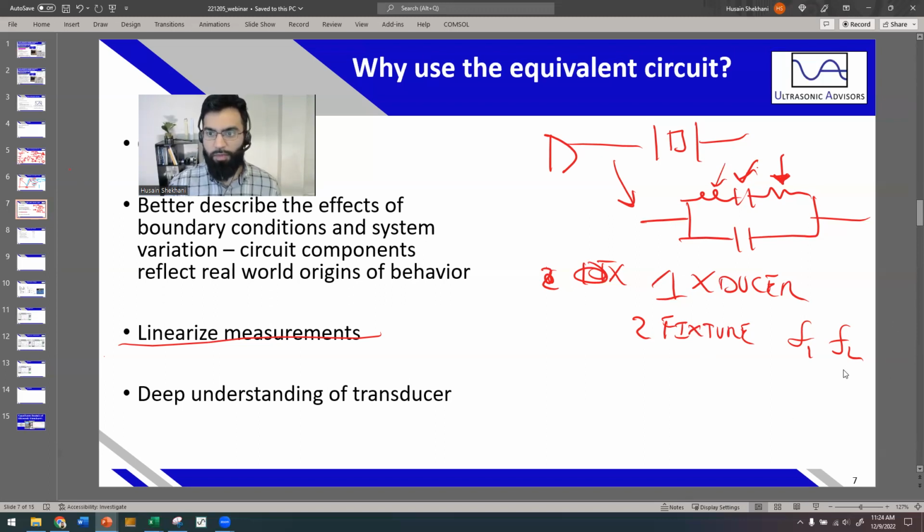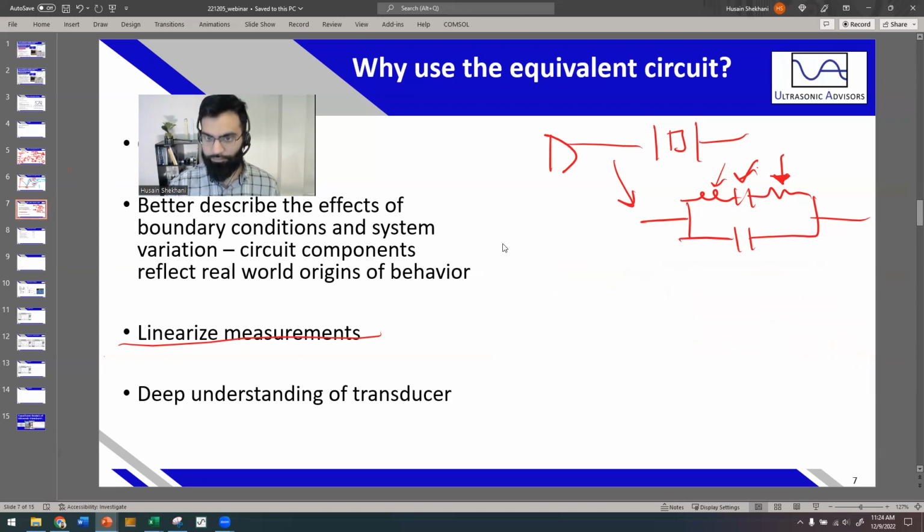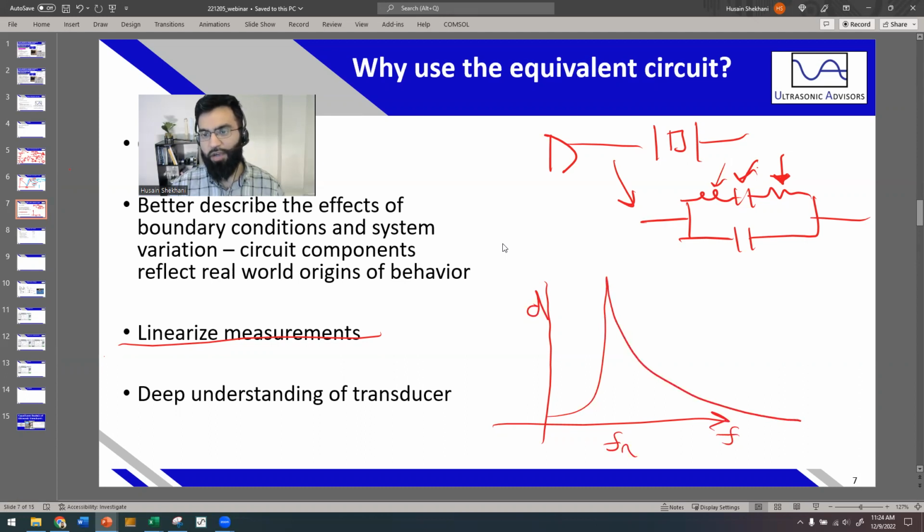So what do I mean by linearizing? What happens if you have a frequency sweep, and you have your resonant frequency here, and let's say you have your displacement, I'm going to write D for displacement. You know that at the resonant frequency, it's maximum. And for a linear system, eventually at a really high frequency, it becomes about 0. And there's a region here that's about constant, at low frequency.